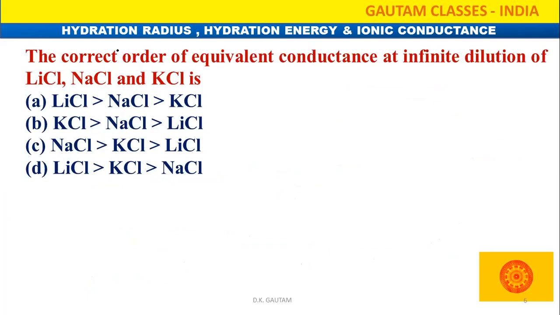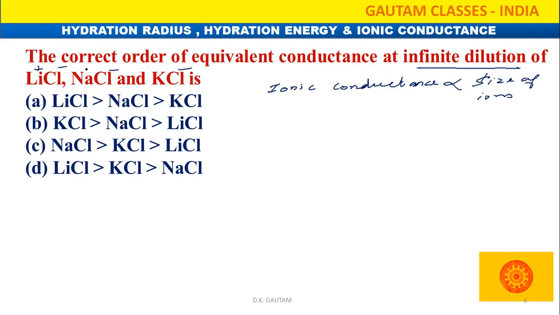Look, the question is given here: the correct order of equivalent conductance at infinite dilution. The words infinite dilution are mentioned, so what is the medium? Aqueous medium. In aqueous medium, ionic conductance is directly proportional to the size of the ions. Everything is common: chloride ion, chloride ion, chloride ion.